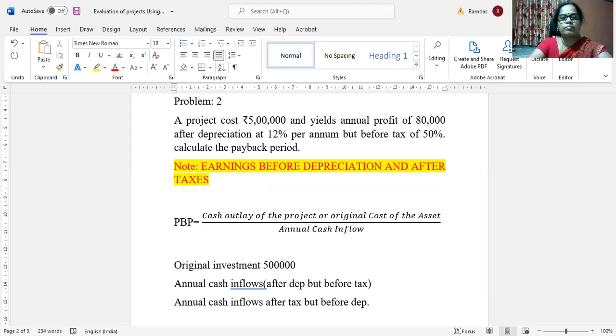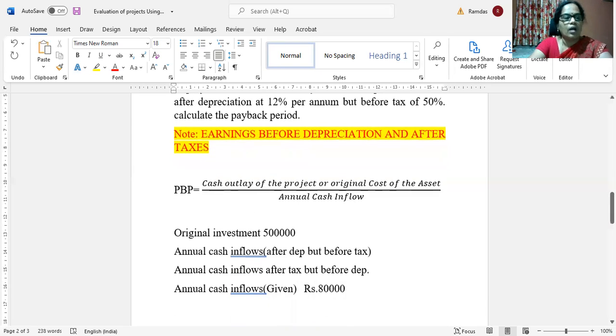So how do we calculate it? The annual profit given in the problem is 80,000. Now I need to calculate the depreciation, because I need before depreciation, so I need to add back the depreciation, which is already deducted.